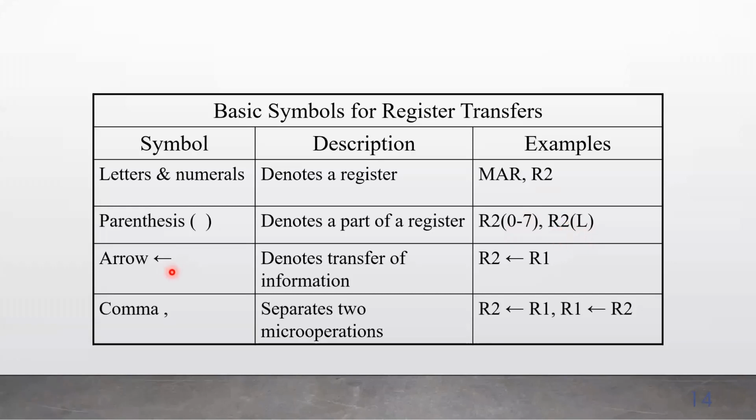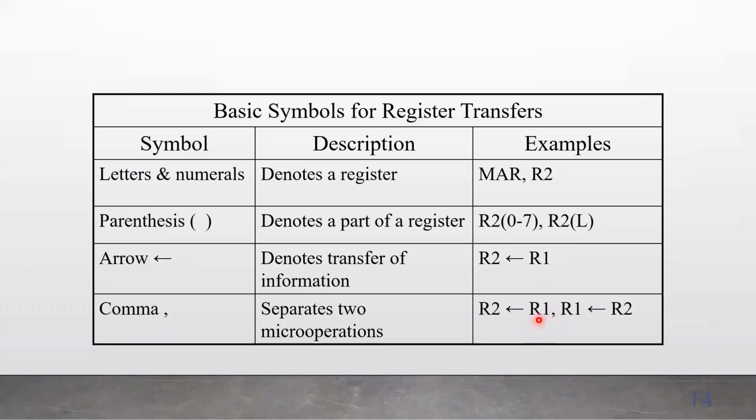When we want to transfer information from one register to another register, an arrow is used. This is called a replacement operator. And a comma is used when there are many micro operations given together. To separate those micro operations, we use a comma.